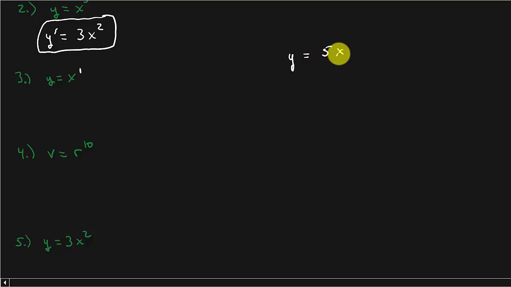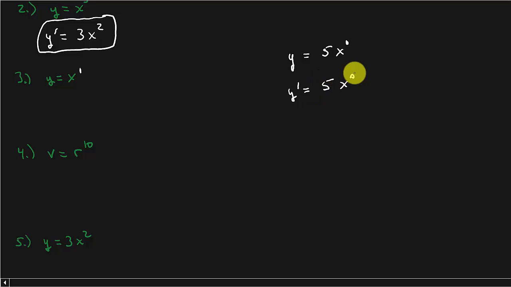Let's go through this step by step. Okay? So we've got x raised to the first power, right? So what does this say to do? It says to bring the 1 down. Okay, so 1 times 5 is 5. Subtract 1 from the exponent, that's 0.